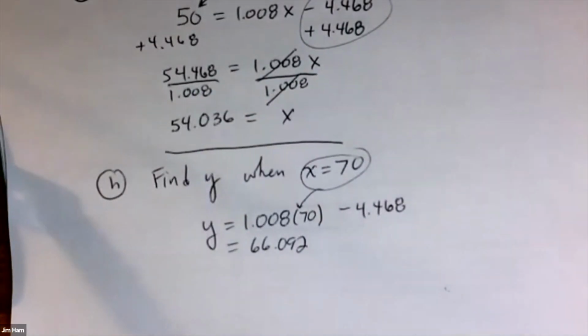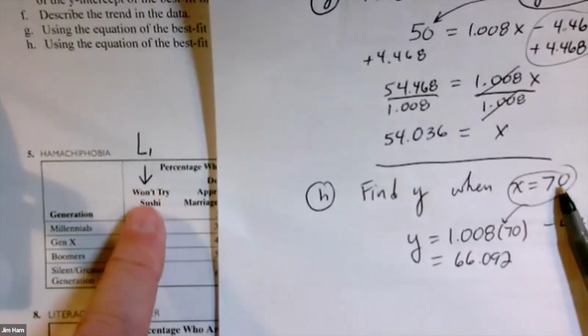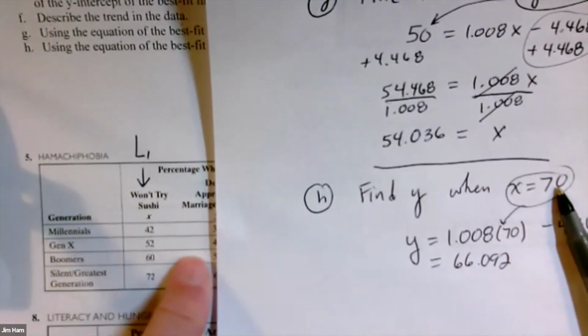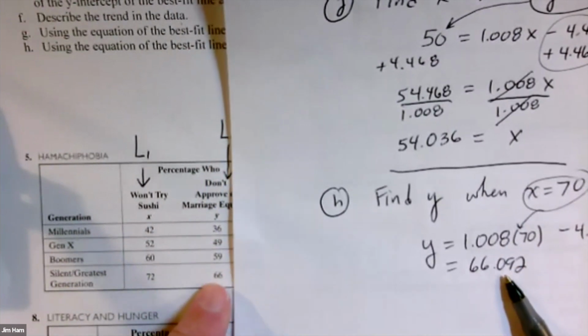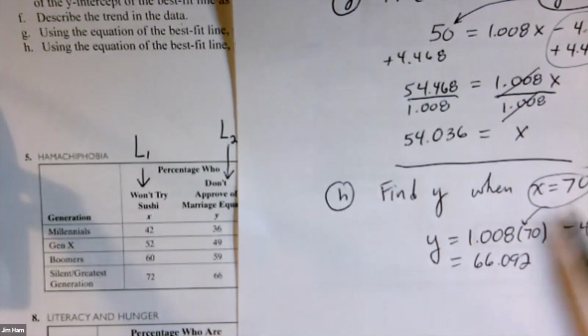So we would say that if we had a generation for which 70% won't try sushi, then we would expect that same generation, whatever it happened to be, such that 66% would not approve of marriage equality. So we're kind of linking the x and the y and making predictions from the trend that we've observed.